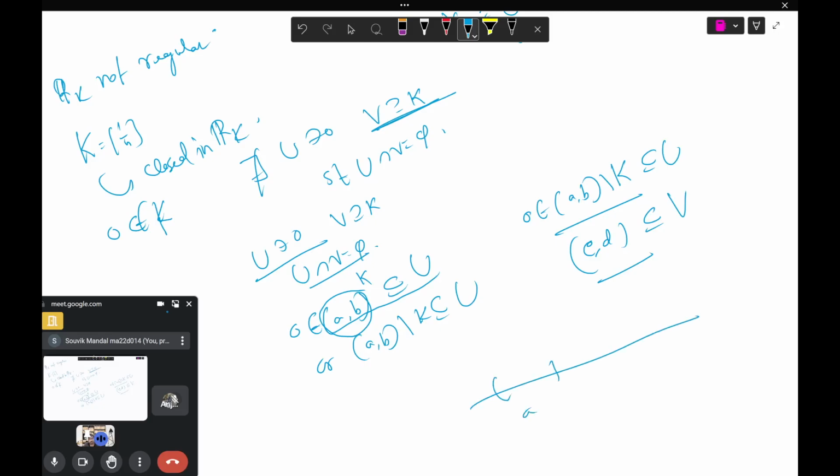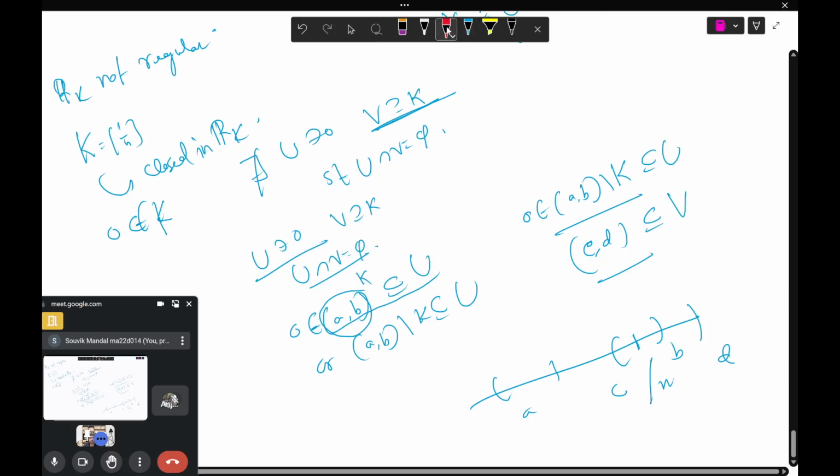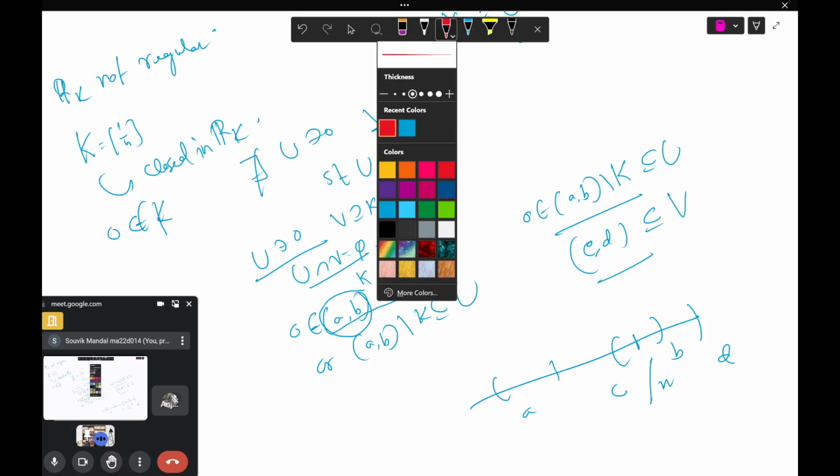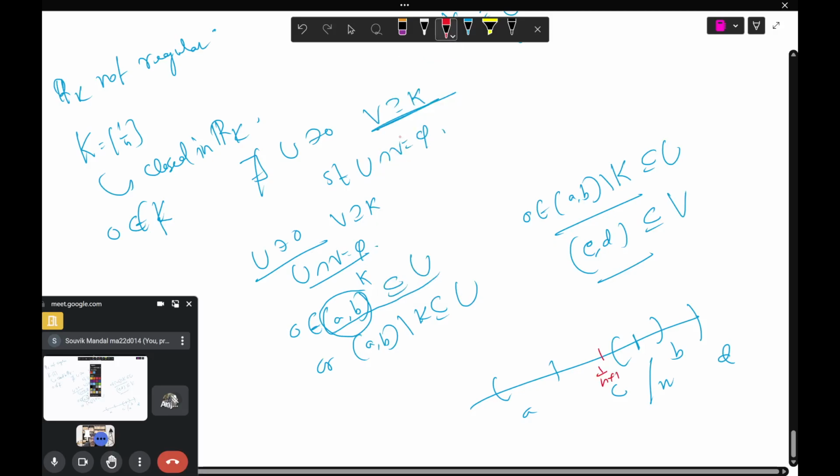So suppose this is the open interval (a,b) minus K and suppose this is the open interval (c,d). Now choose a point 1 by n between these portions. Then the point 1 by n plus 1 will either lie on the left side of c or on the right side of c.